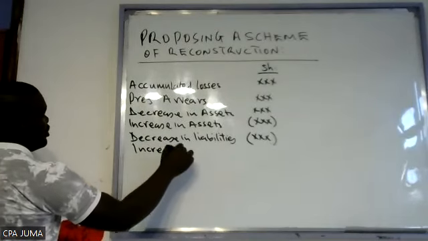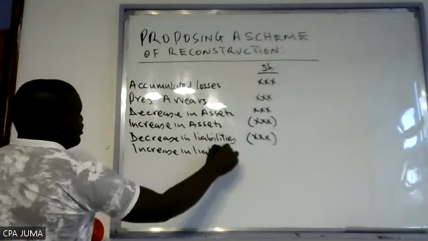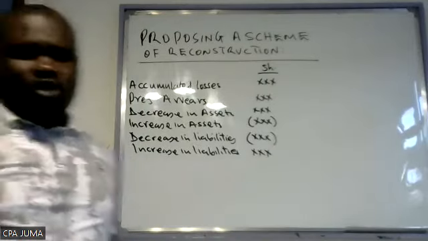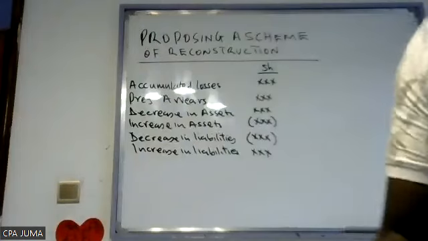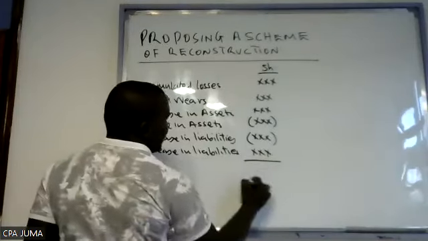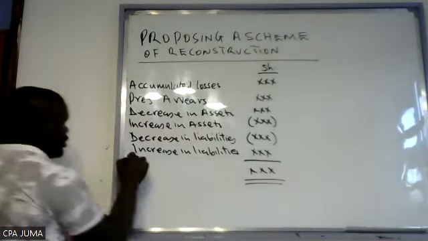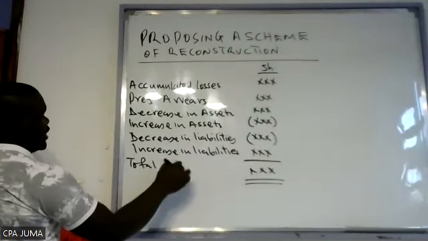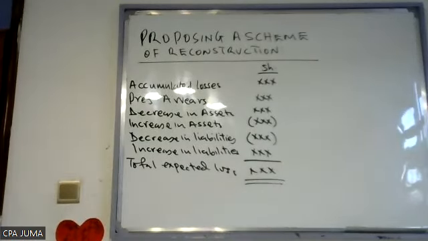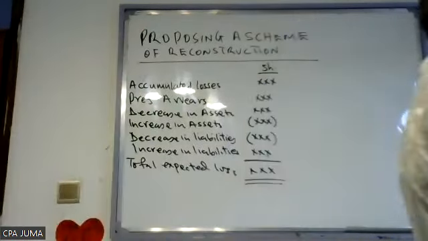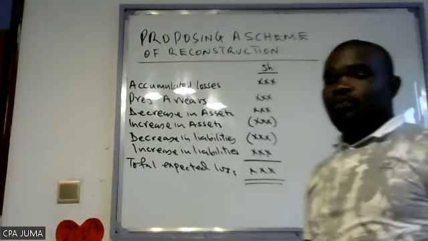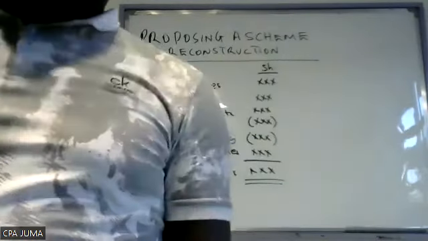Increase in liabilities. Those are part of the losses. Mostly it can arise due to so many factors, but majorly those are the ones you need to consider. So this is the total expected loss.